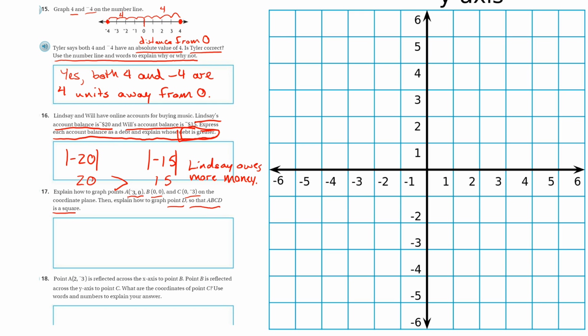Okay, so basically what it wants us to do here is write out what we do. So we start at the origin and put point B. B is at the origin, 0, 0.